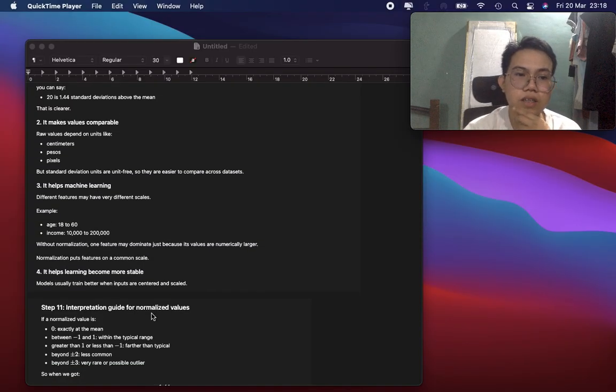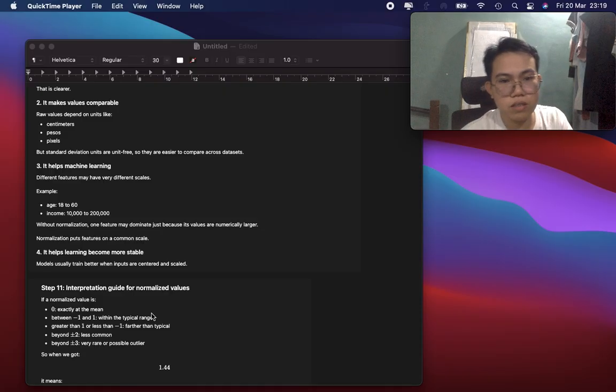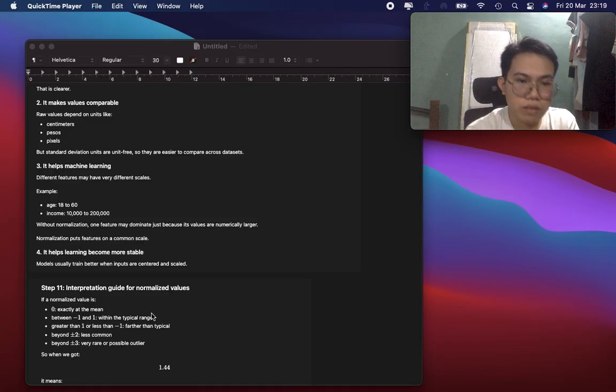Why does it help machine learning? Different features may have different scales. For example, age 18 to 60, income 10,000 to 200,000. Without normalization, one feature may dominate just because its values are numerically larger. So normalization puts features on a common scale.